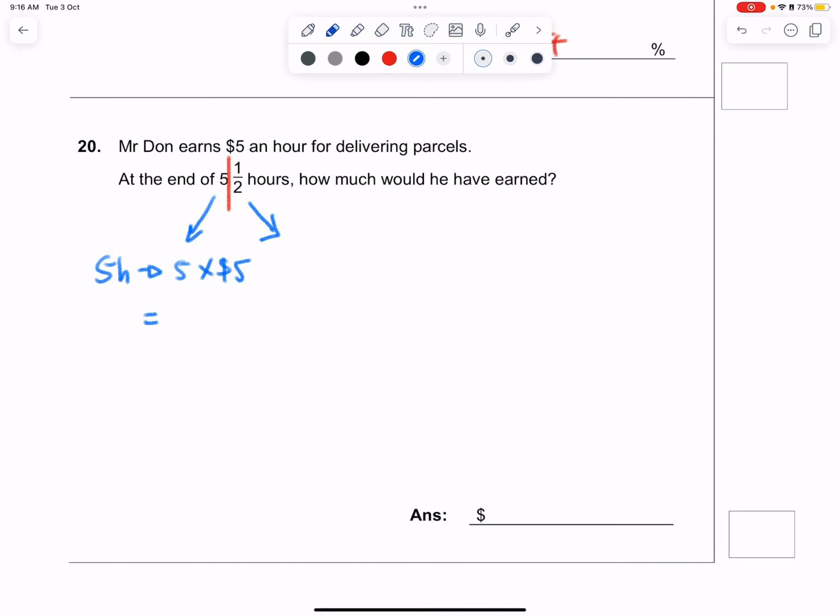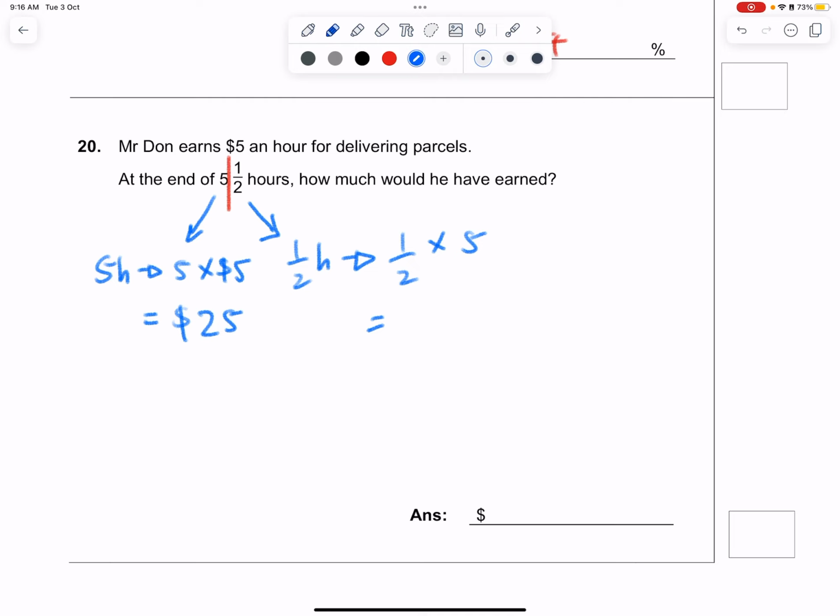Now, when you do your working, you do not put your units until your final one. Why is it that I'm putting units now? It's so that you all understand and know what I'm calculating. So this is actually $25. And then there is that half an hour that you need to take, half times 5, or 5 divided by 2 in short.